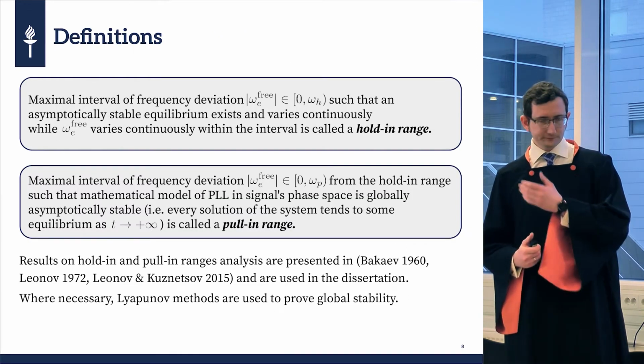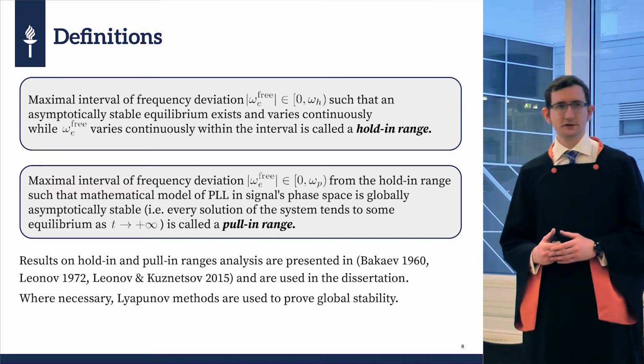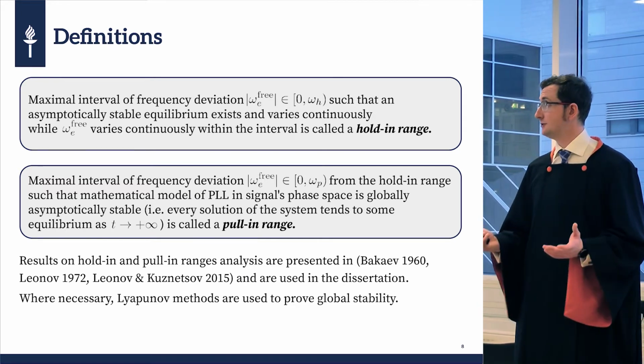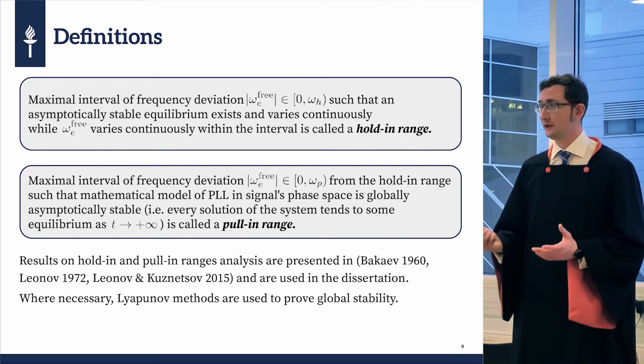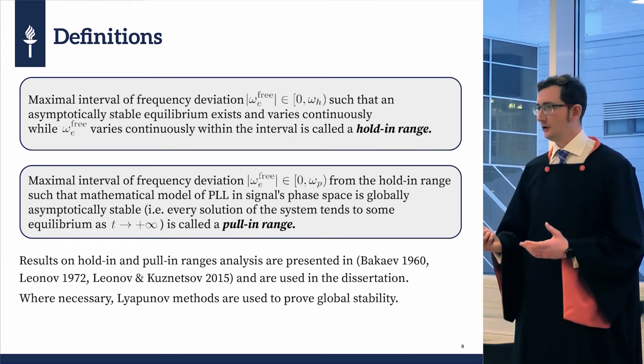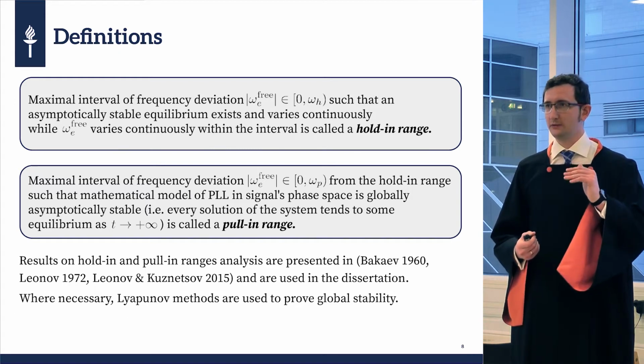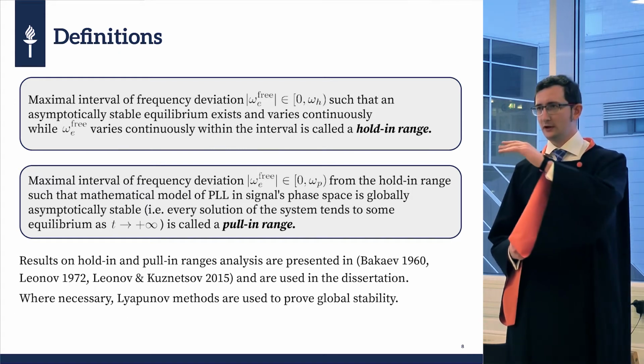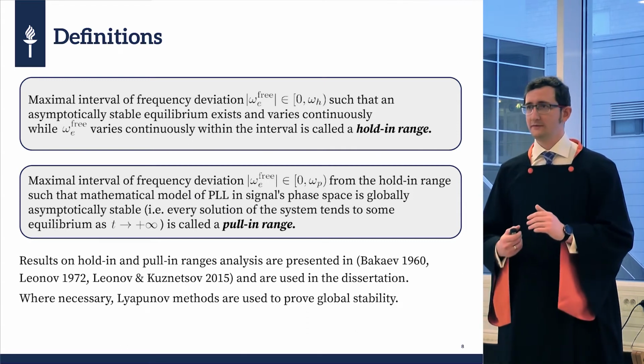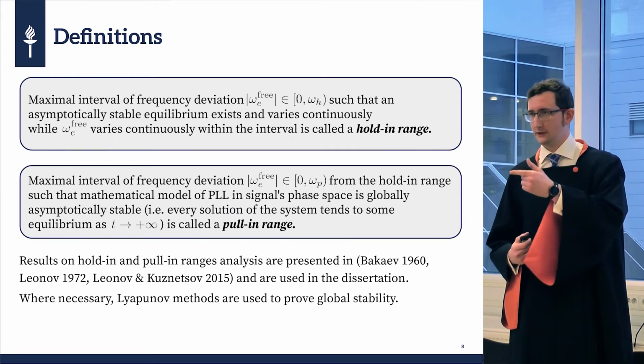The main definitions that we'll study are ranges: hold-in range, pull-in range, and lock-in range. Hold-in range corresponds to the tracking mode of the system, when you are in a stable equilibrium, and the system, after slightly changing the frequency deviation, can follow it.